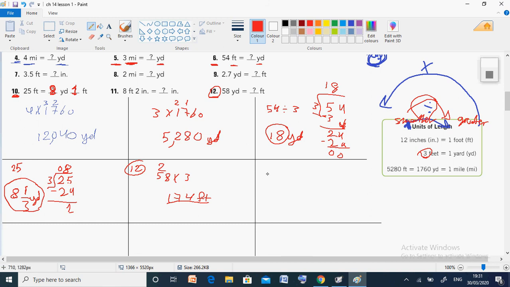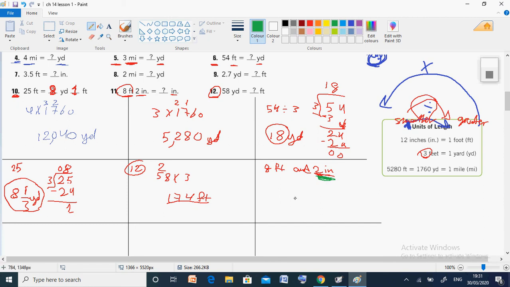Okay, now let me solve the last question. If I want to convert 8 feet and 2 inches to inches, I will take the feet and keep the inches. So 8 feet and 2 inches. Keep the 2 inches. Keep it.